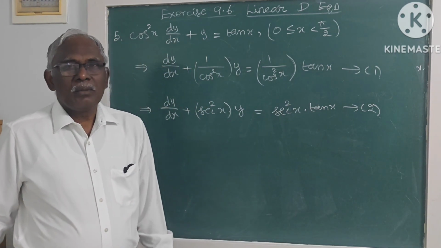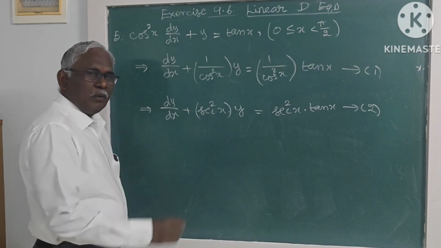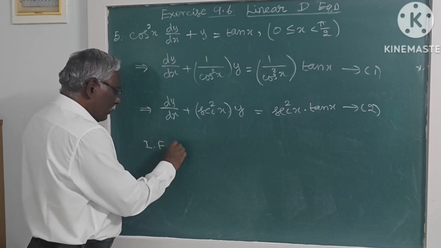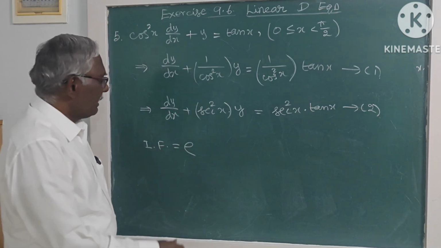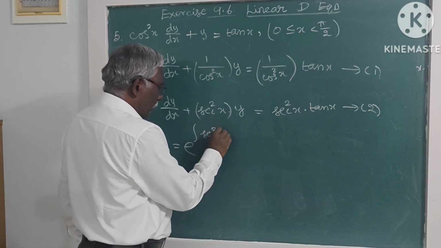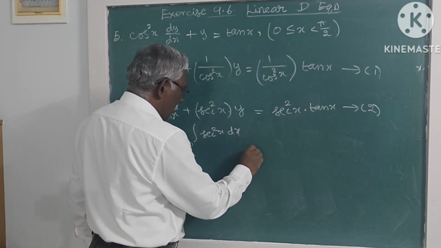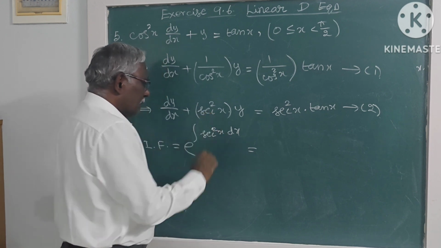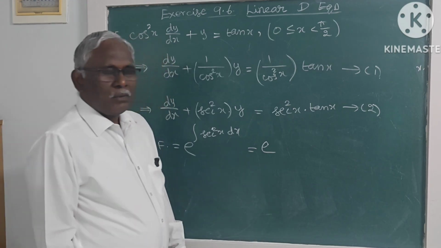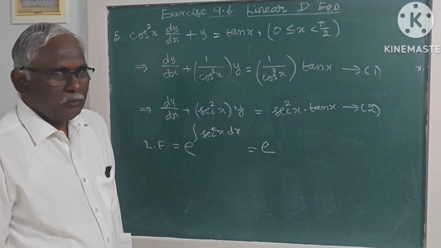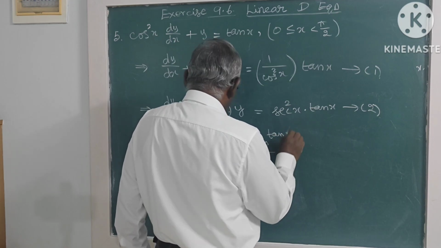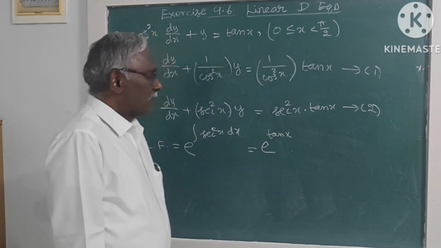Both p and q are functions of x, and we have to find the integrating factor. Integrating factor is e power integral p dx, e power integral secant square x dx. So e power, if we integrate secant square x dx, what will come? Tan x. So e power tan x. So this is the integrating factor.